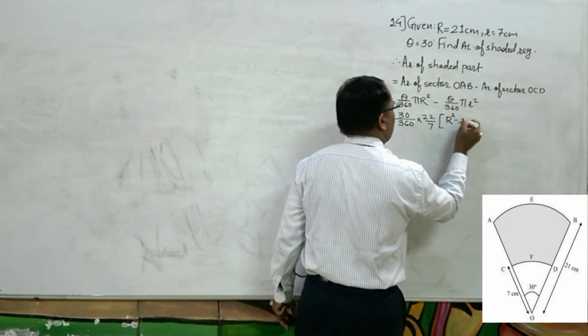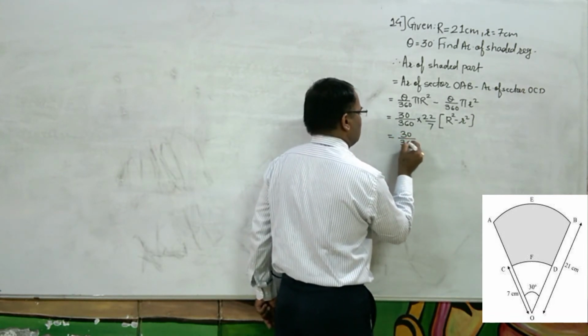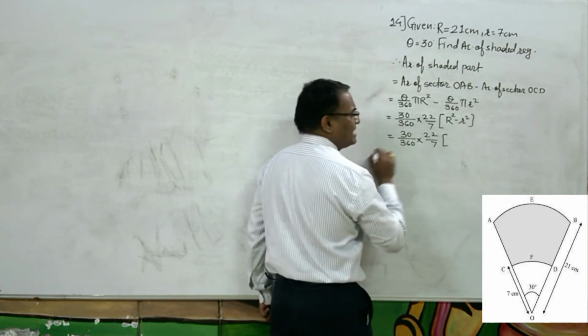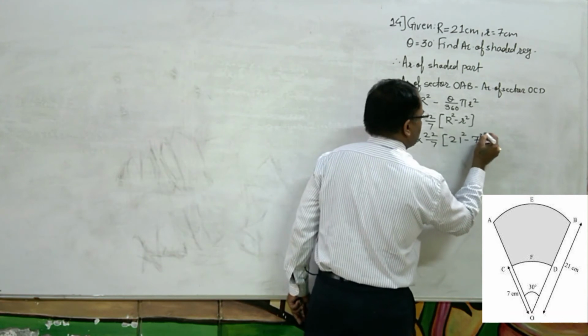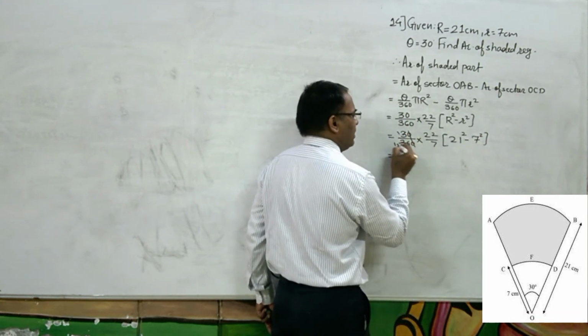The difference is R square minus r square, which is nothing but 30 upon 360 into 22 by 7. What is capital R? It is 21 square, and then small r is 7 square. The 0 cancels, 1 and 12.